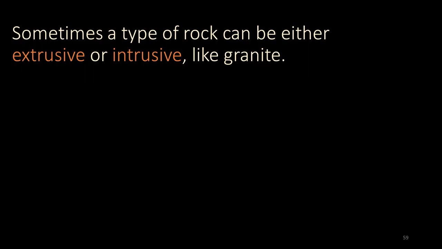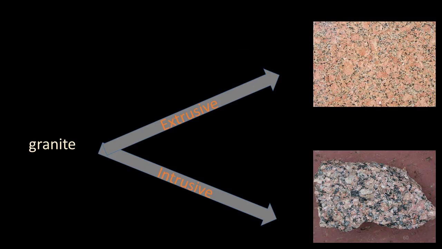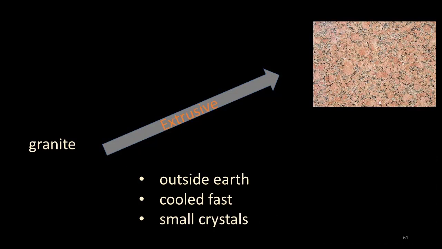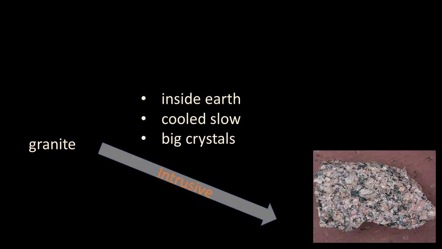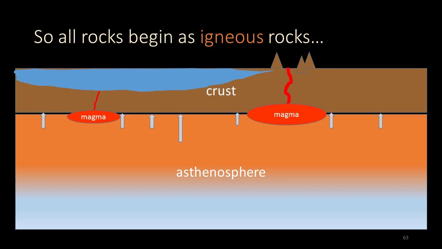Sometimes a type of rock can be either extrusive or intrusive, like granite. The top granite formed outside the earth, the bottom granite formed inside. If they have small grains, it formed outside and it's extrusive. Inside is large grains, cooled slowly.